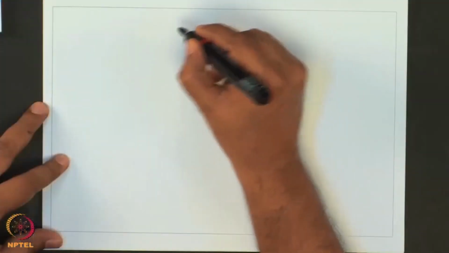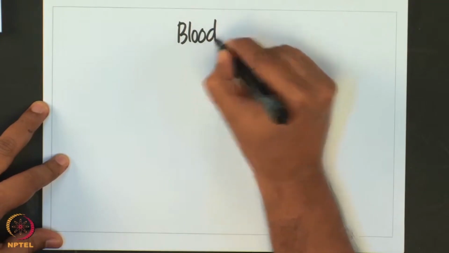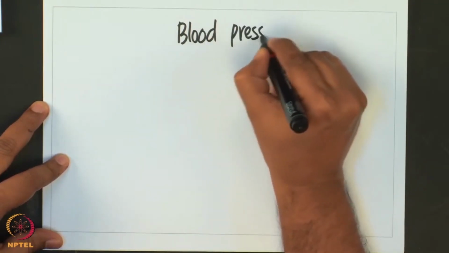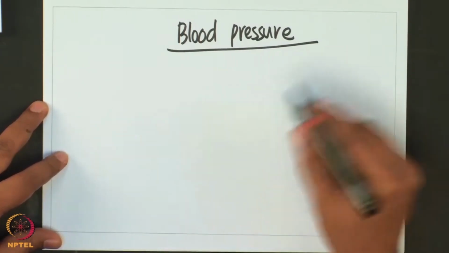So, let me write a particular example, which in our case, let us call it blood pressure. We will write only the smaller number.